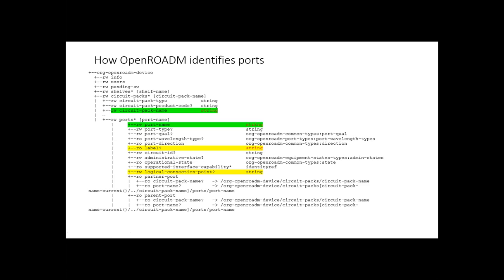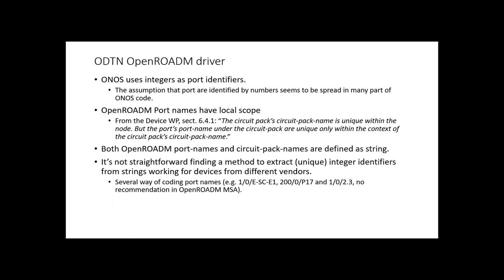What I proposed was to use a different approach to get the identifiers. Maybe I am recalling what I have already said: ONOS uses integers, Open ROADM port names have local scope, and both port names and circuit pack names are strings.